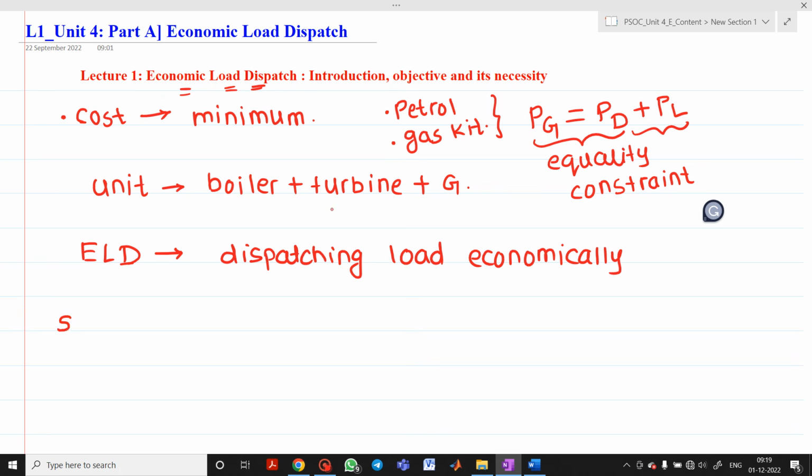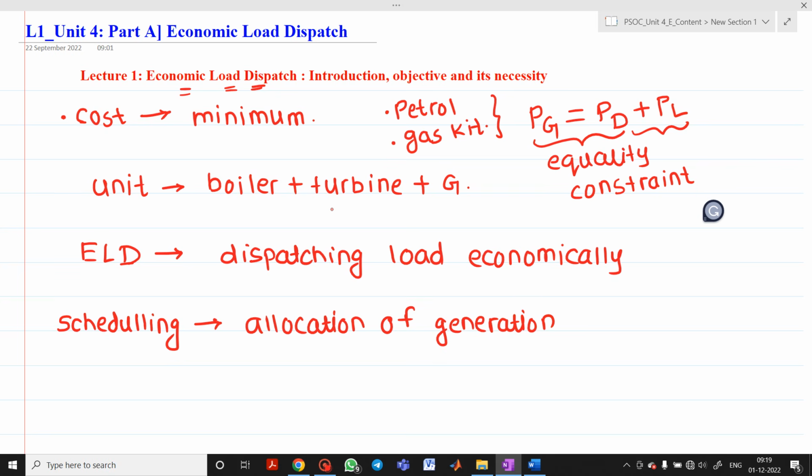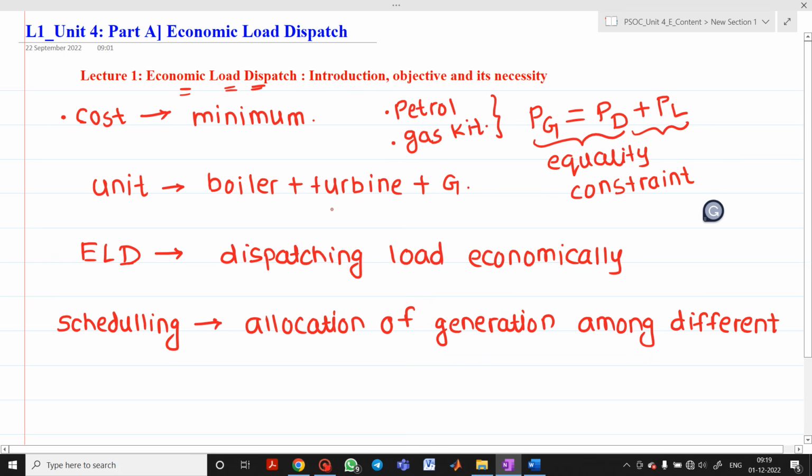Now there is one process of scheduling in a power system. What is the meaning of scheduling? It is the process of allocation of generation among different generating units, among different generators.